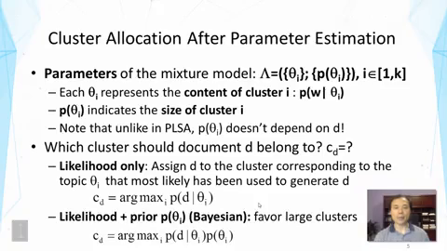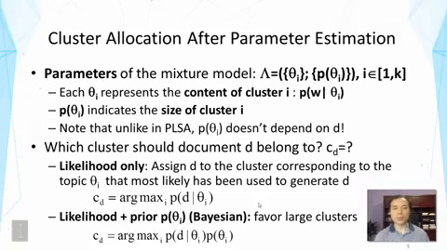A better way is to use the likelihood together with a prior. In this case, the prior is P of theta i. Together, we're going to use the Bayes formula to compute the posterior probability of theta given D. If we choose theta based on this posterior probability, we would have the following formula that you see here on the bottom of this slide.